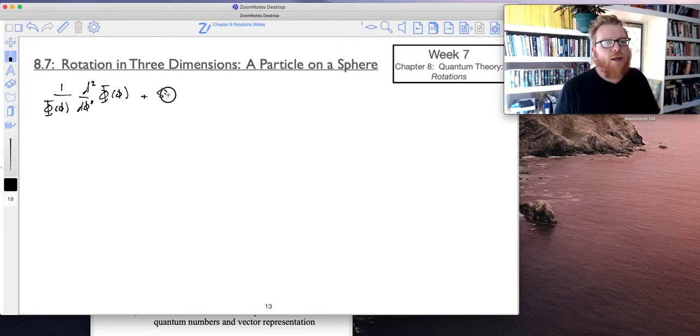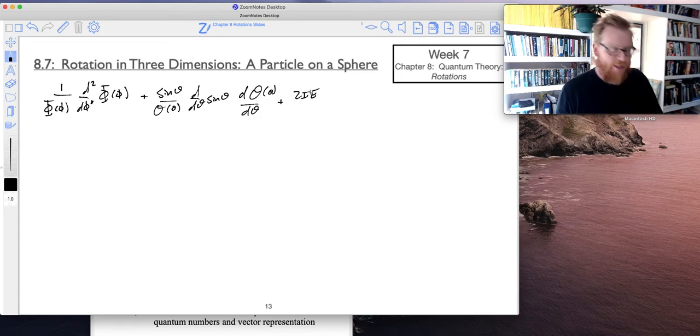And then I get a plus sine theta over the function theta times derivative theta of sine of theta times the derivative in the big function theta with respect to theta, and then plus 2ie over h bar squared times sine squared of theta equals 0.